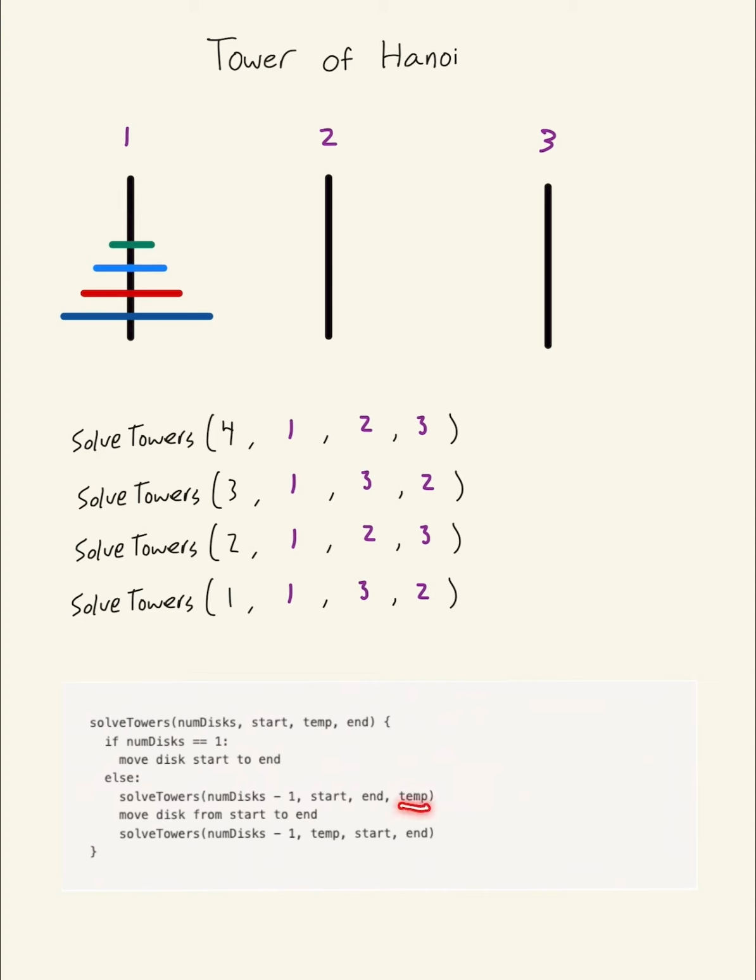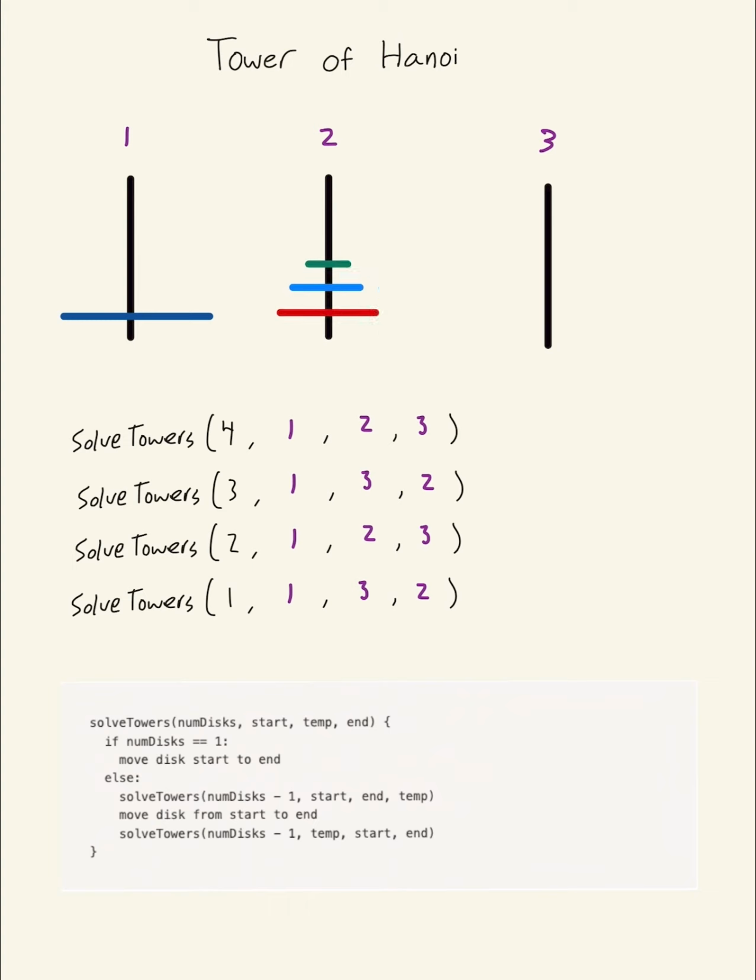So the temp becomes the end, and the end is going to be used as the temporary. So our solve towers 4 calls solve towers on a tower of size 3 where the start is 1, and we are using the 3rd pole as the temporary, and the 2nd pole is the end. That's where we want to move them. So let's just assume that that works. We're able to do that.